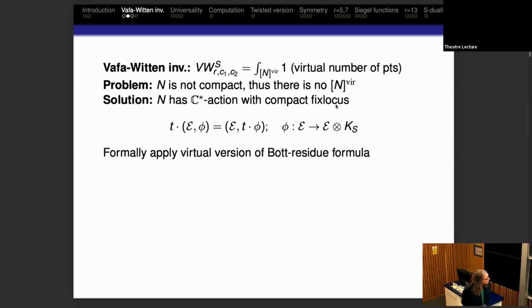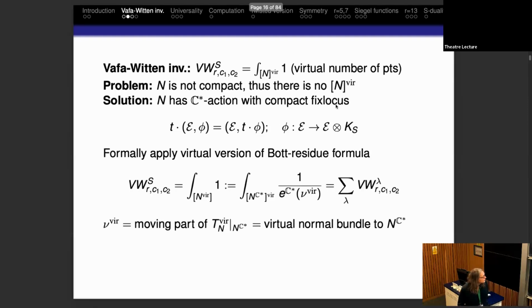And so then we could just say, if the space was compact and smooth, one could use the Bott residue formula to compute things. And if it is compact and virtually smooth, one can use the virtual version of the Bott residue formula. Okay, it's not compact, but we still use the virtual version of the Bott residue formula and take this as a definition.